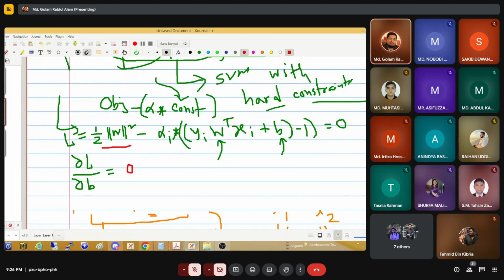So this part we get 0, minus alpha i, then y i, w, and x i all become 0 because they are constant with respect to B, plus B, whose derivative with respect to B is 1, and then minus 1, whose derivative is 0.